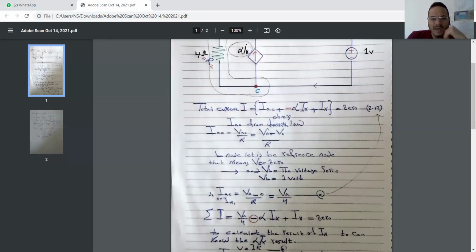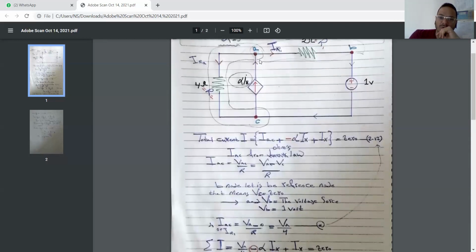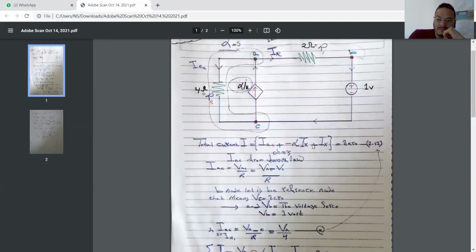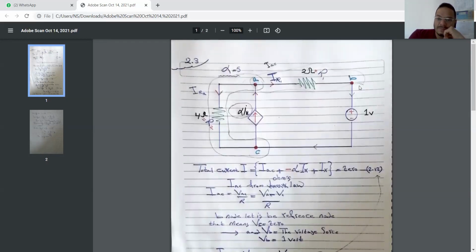B node, let us make it the reference node. After that, what will happen? That means VC will equal 0 because B node will be the reference node. After that, VC equals 0. Here, VB, from this node, the current goes directly to the independent voltage source.